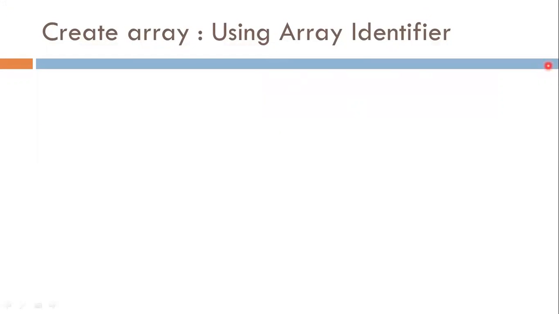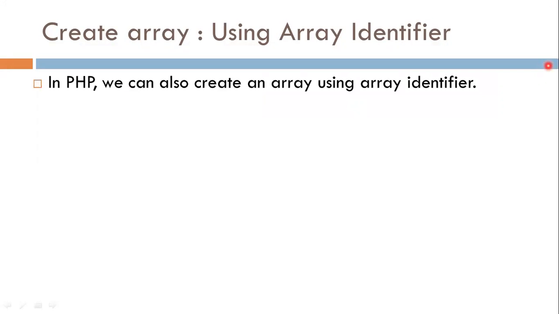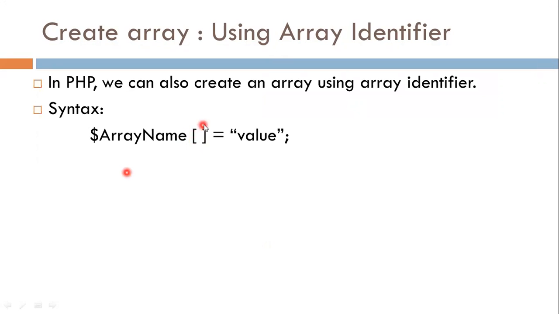Now the second way to create an array is using an array identifier. The syntax of this array identifier is like this. Dollar array name, open and close bracket, then equal to value. Here in each statement we can declare one value at a time.